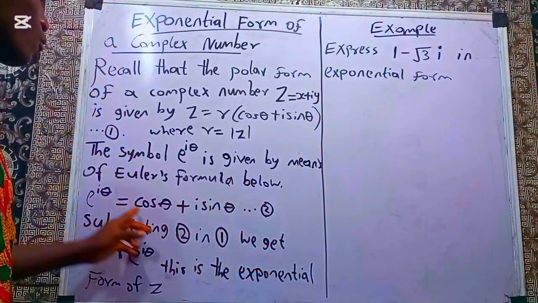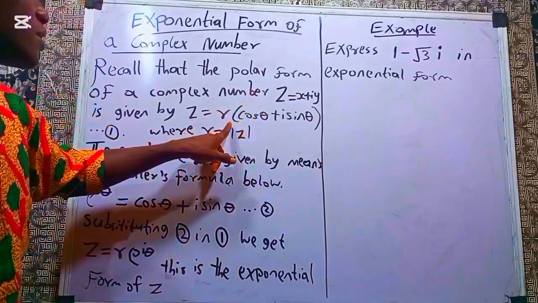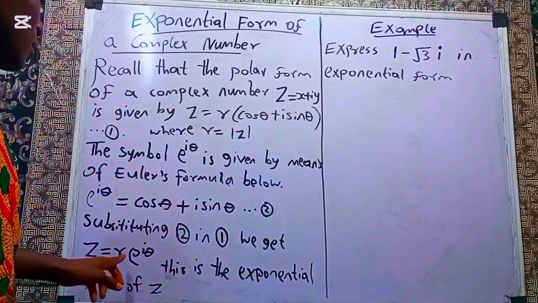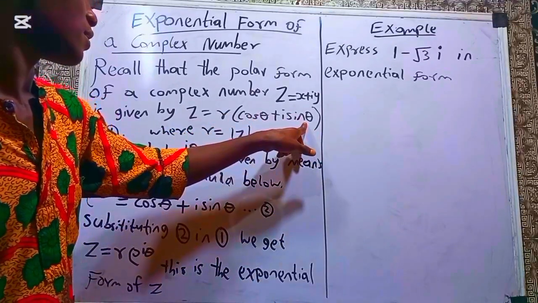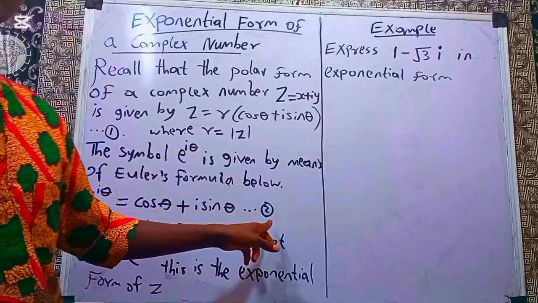If we substitute this equation 2 in our equation 1, which is the polar form, we have gotten this part from here to here by Euler's formula. From here to here is equal to what? Exponential i theta, by this equation 2.